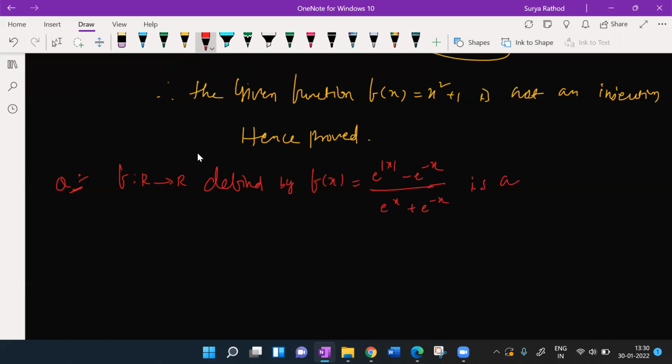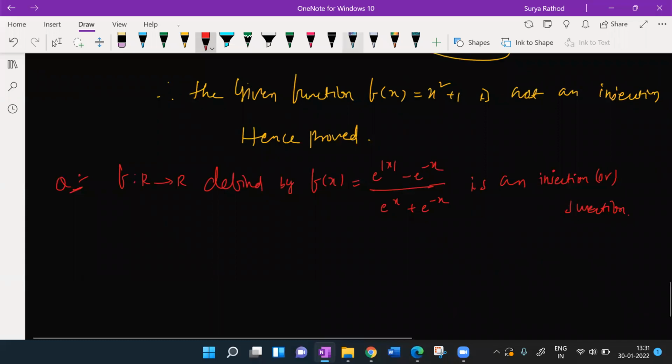Is it an injection, bijection, or surjection? Okay, this is the concept.